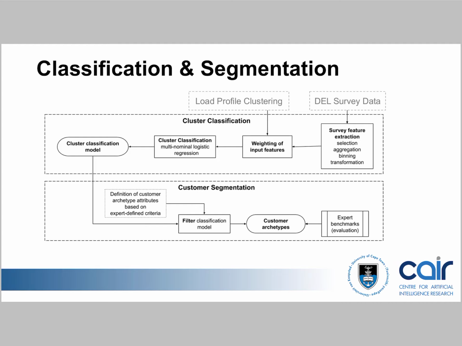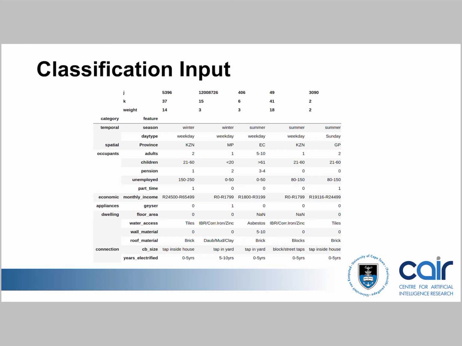We used multinomial logistic regression to do that, and that gives us a model where each cluster has a probability of being used, a likelihood of being used by households with particular dwelling or economic household member attributes. Once we had those, we then filtered the clusters based on how experts define particular archetypes. Let me quickly take you through it because it'll make more sense once you see it.